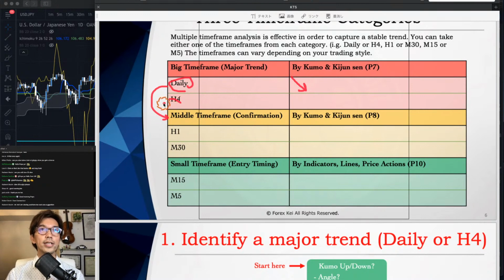I don't look at the 4 hour. As long as I see a trend in one of these time frames, it's good. So that I can go down to the middle time frames to confirm the trend. So daily chart down, right, on this USDJPY. So I look at the 1 hour or 30 minute, either 1 hour or 30 minute. So let's take a look at that one.